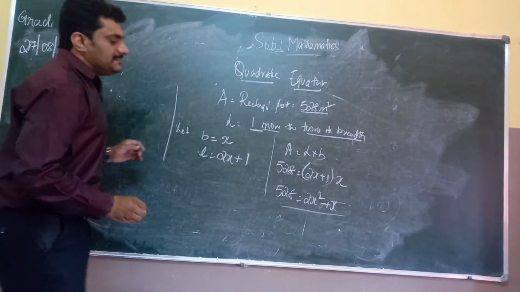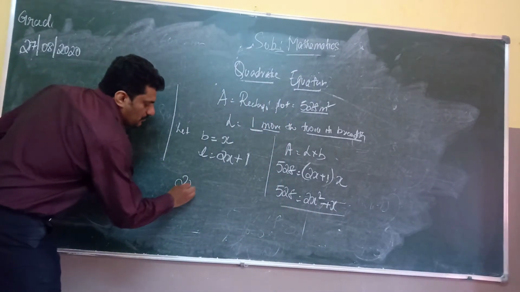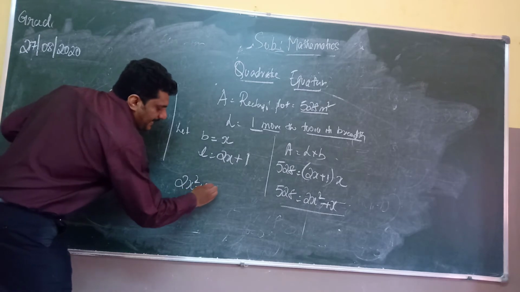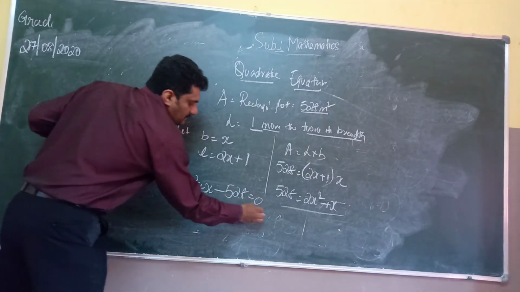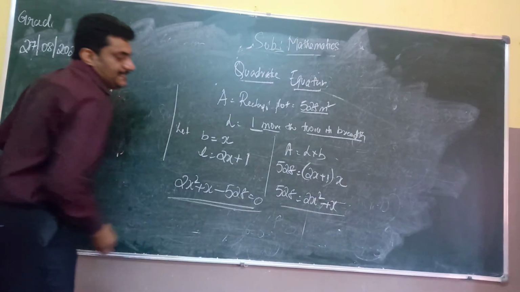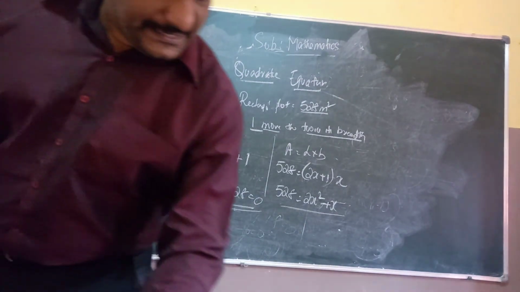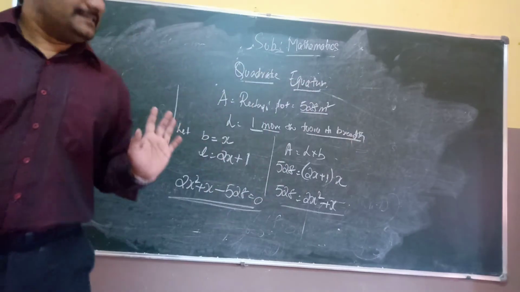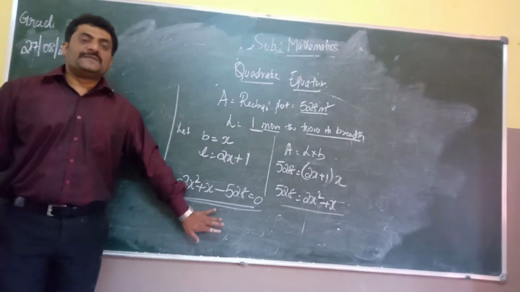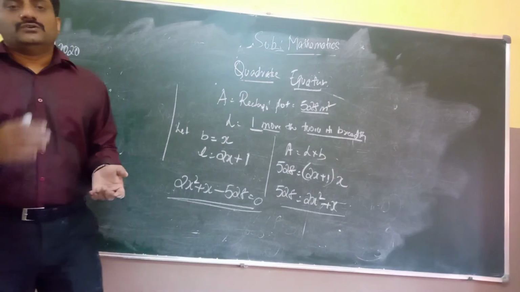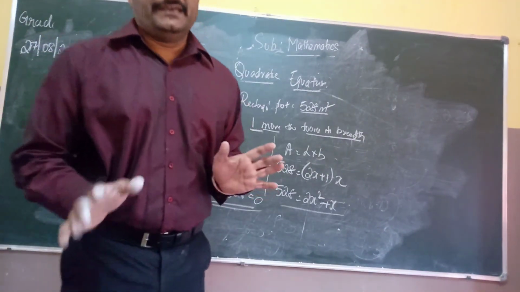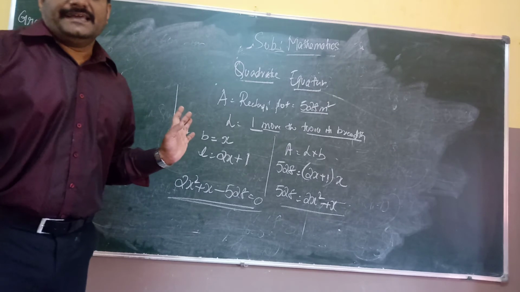So the equation is 2x squared plus x minus 528 is equal to 0. This is the expression. They are asking only to represent it in an equation. So you have to understand the problem thoroughly and then put it in an expression.